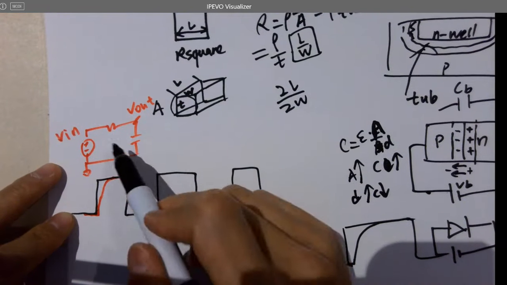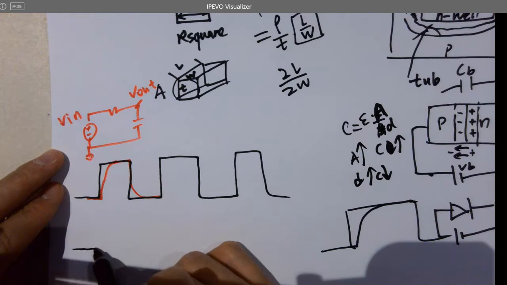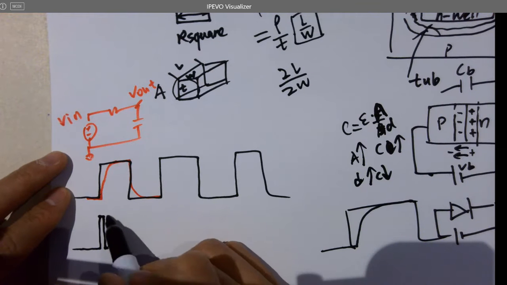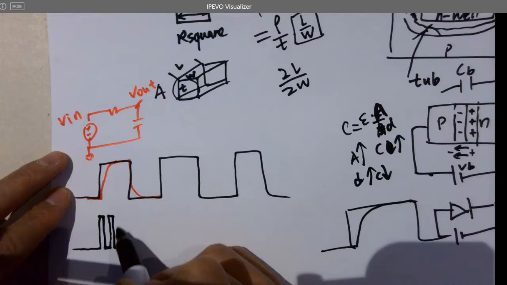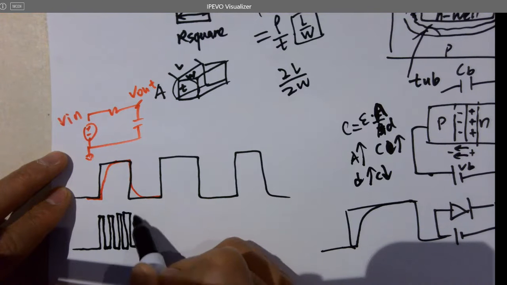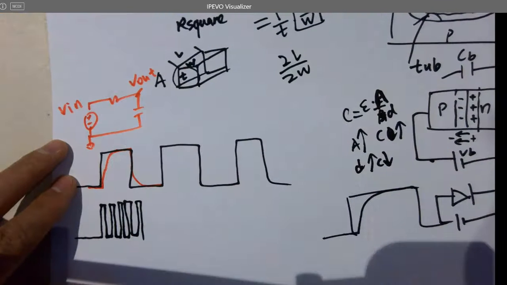So that's how you can understand this step response. However, whenever the input square wave becomes faster, still the same circuit, what's going to happen?